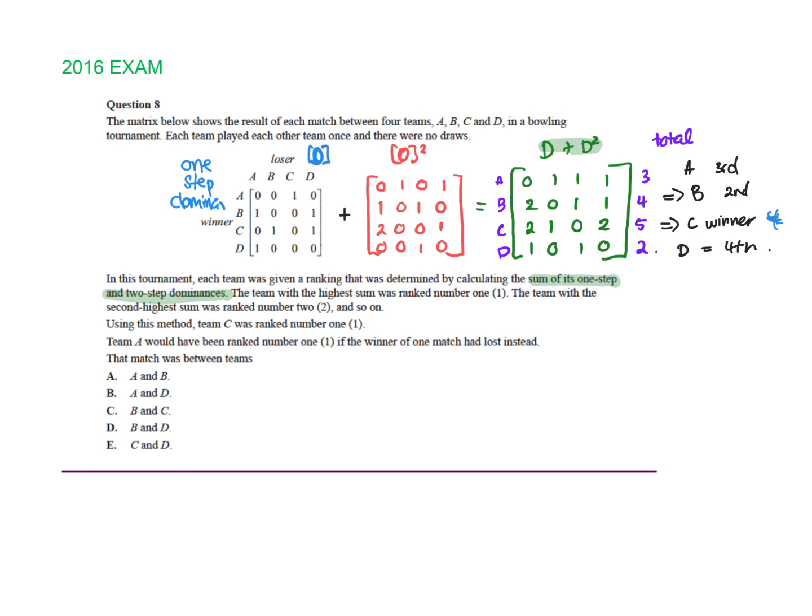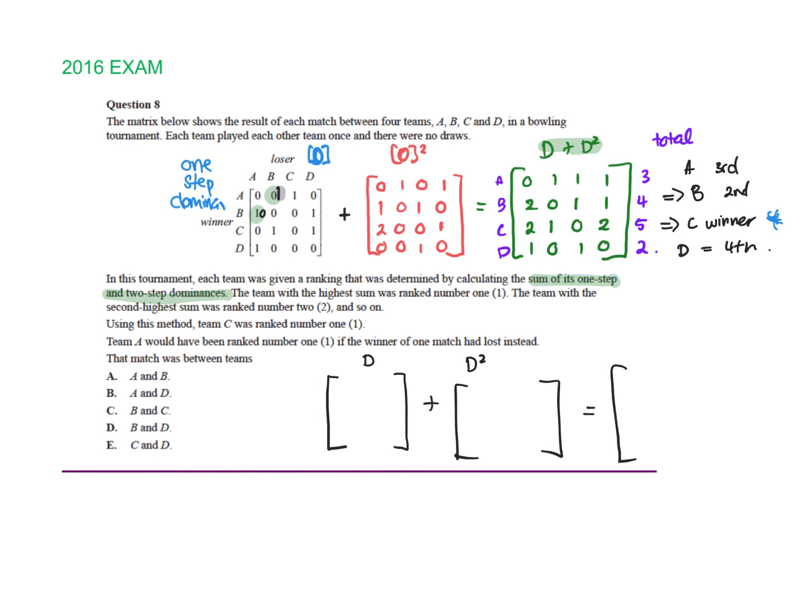But if you look, A lost to B. So what we're going to do is change that in our calculator, changing this one to a 1 and this one to a 0. Okay? And then we'll pop that in our calculator again, and we're going to see the new scenario of what's happening there. So I'm going to go do it on our calc.